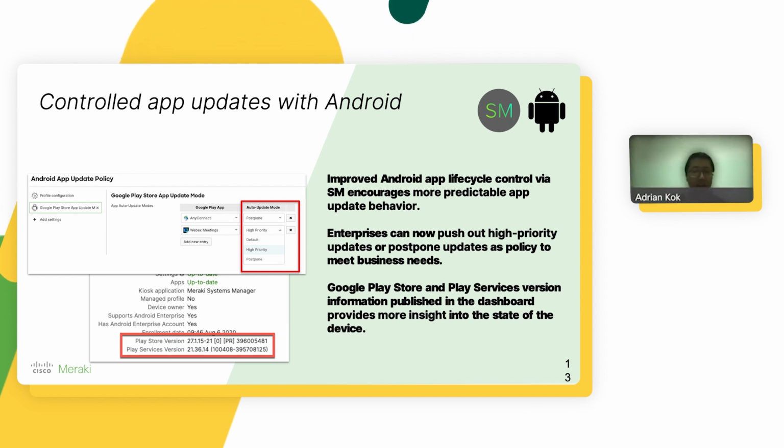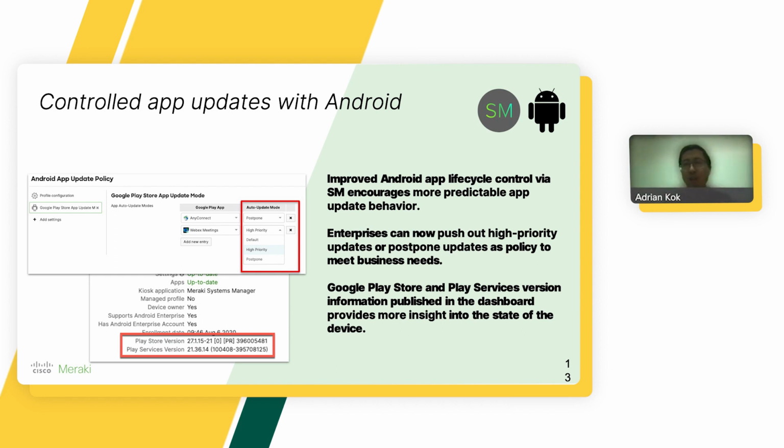There's the high priority option, which pushes the update as soon as possible when it is made available by the manufacturer of the app. And the other option is to postpone, okay? The high priority updates may be for apps that might be requiring a day zero vulnerability fix, for example, right? And you want to get it out to all your devices as quickly as possible.